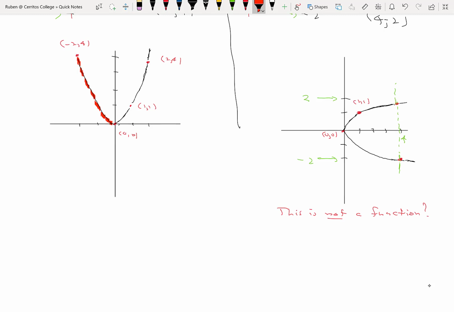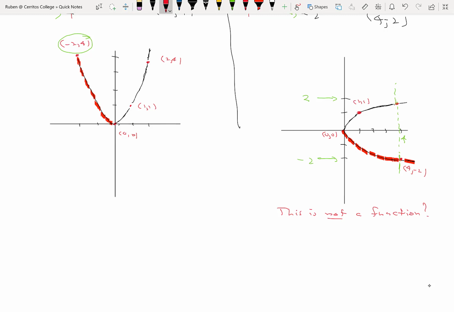That branch corresponds, on the graph of the inverse, to the portion of the graph below the x-axis. Now, how do I know that? Take a look at the point negative 2, 4 on the graph of the original function. When I reverse the coordinates of that point, I get 4, negative 2 on the inverse.